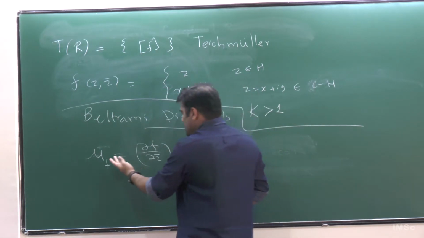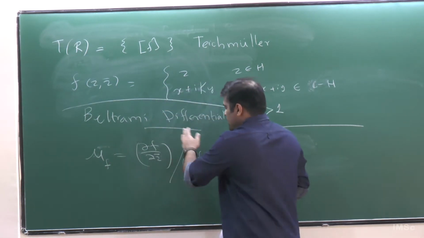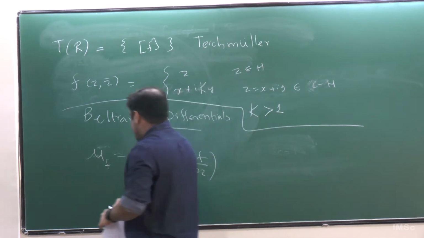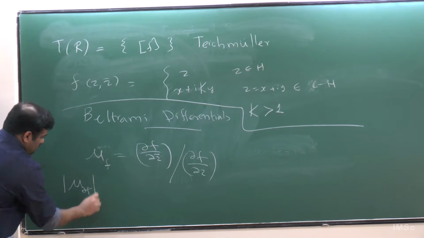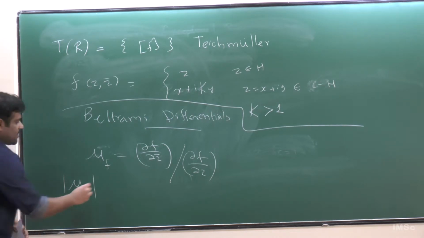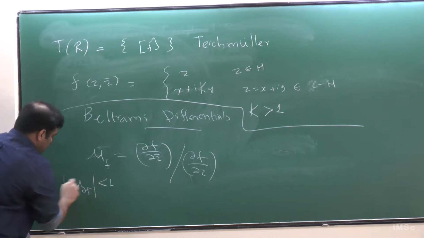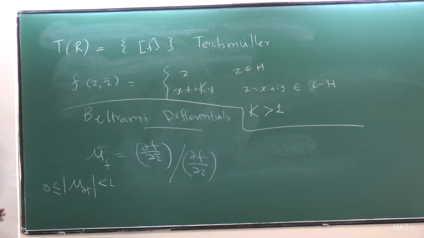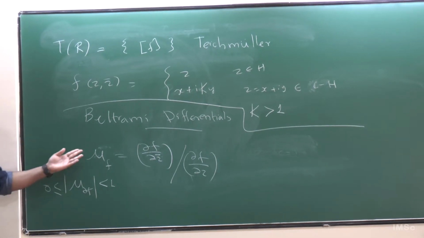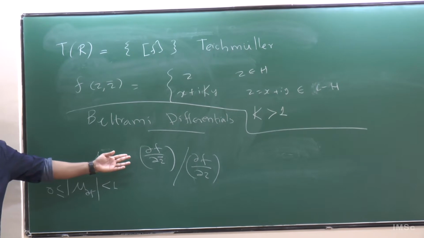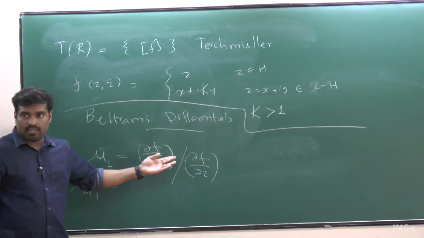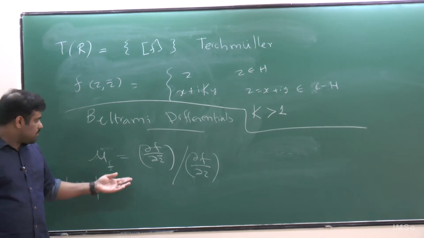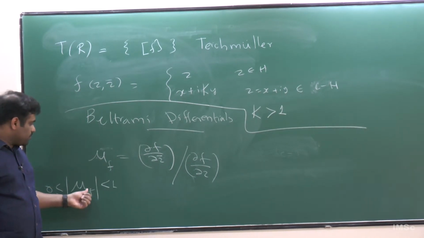I can start with a Beltrami differential, and if the modulus of the Beltrami differential in a region is always greater than or equal to 0 and less than 1, then it is always possible to find an associated quasi-conformal transformation. Now if I fix some normalization condition for the quasi-conformal transformation, mu f, right.